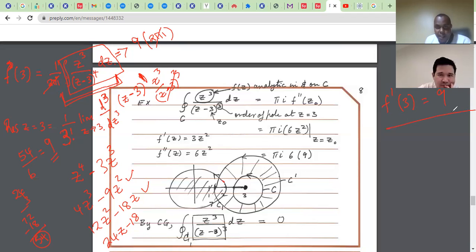Did they get 9 anywhere? Problem is we don't know what he's trying to do, because if it's looking for the first derivative at 3, I am getting 9.